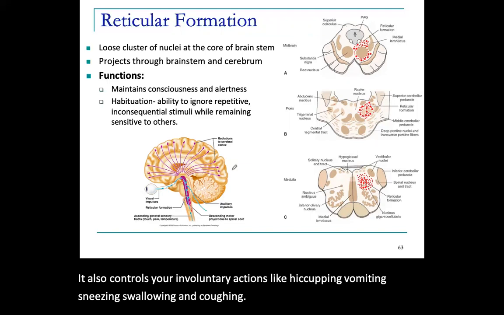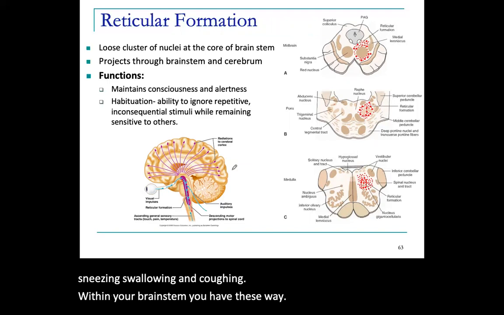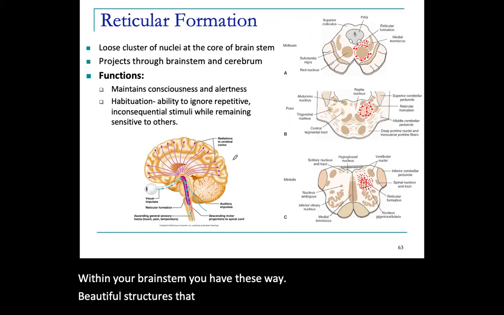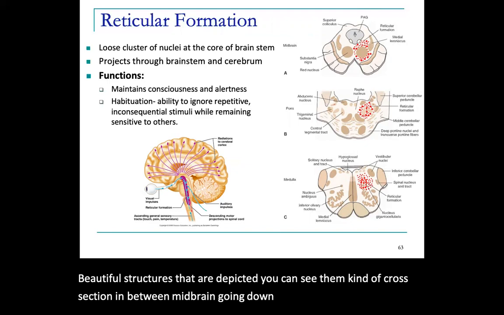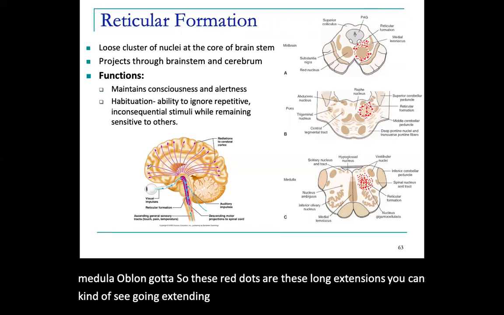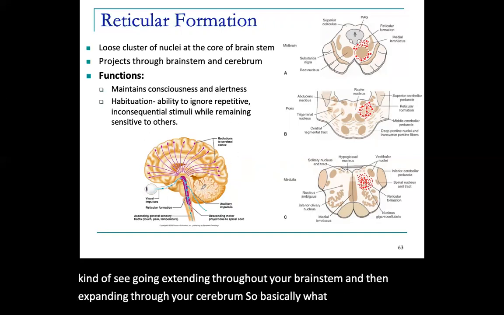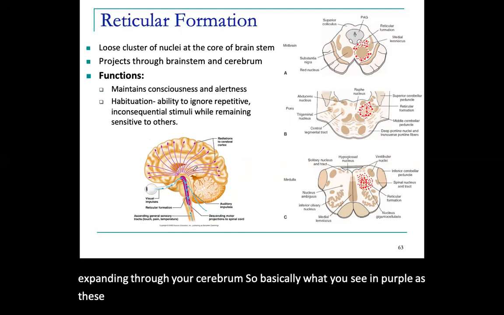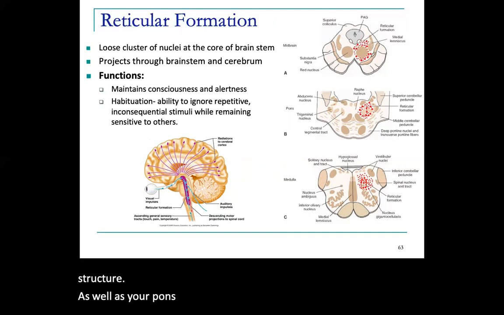Within your brainstem, you have these very beautiful structures that are depicted. You can see them cross-sectioning between midbrain, going down the pons, and eventually medulla oblongata. So these red dots are these long extensions you can see extending throughout your brainstem and then expanding through your cerebrum. What you see in purple, within your midbrain structure, as well as your pons and medulla oblongata, are these little dots when you do a cross section of the sample.